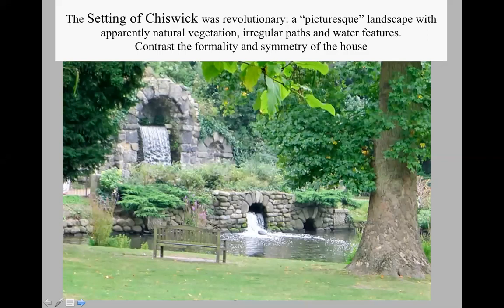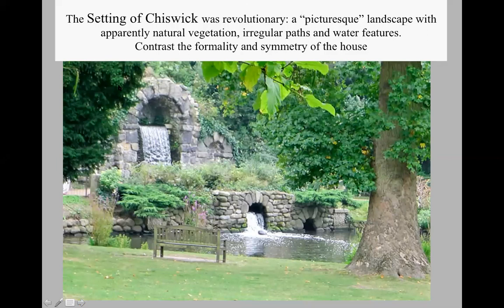But the interesting thing also about Chiswick Villa is that around the villa, which is very, as you see, very formal, very symmetrical, very classical, there's this extraordinary garden, extraordinary landscape, which is picturesque, as if it's all natural. And the paths are irregular.